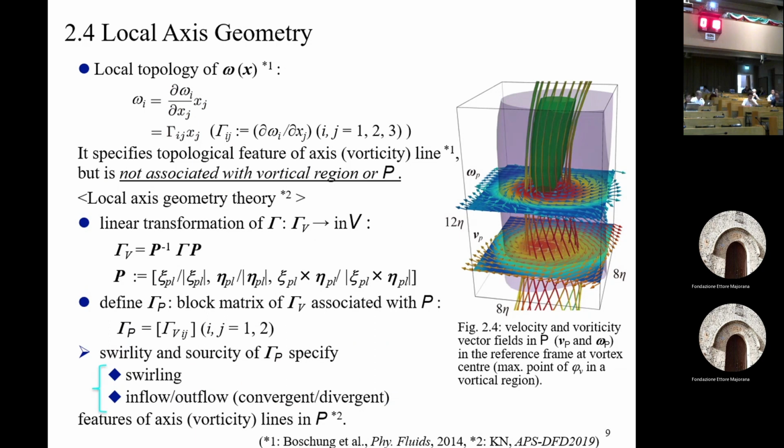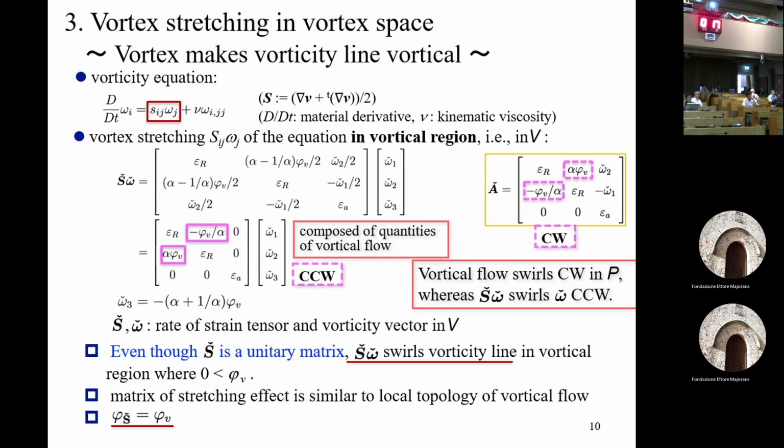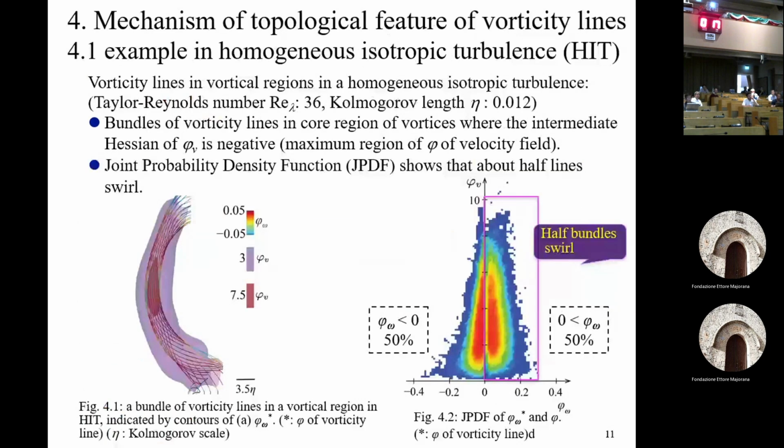And also we have to specify the topology of vortex lines or vorticity lines. If we apply a local topology to the vorticity vector, which is specified by the gradient tensor of the vorticity vector, it can specify the topological feature of vorticity lines, but it is not associated with the vortical region or swirl plane.